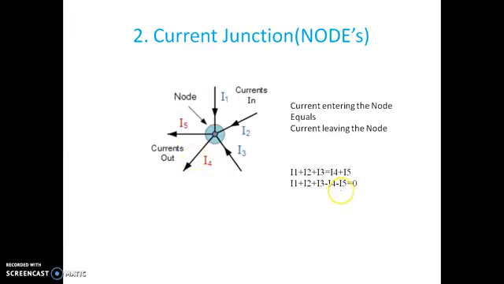We can write this equation as follows: I1 plus I2 plus I3 minus I4 minus I5 equals 0. Suppose n number of branches are connected to this node, with some currents entering and leaving it. Then we can write the equation of the node as the summation of In equals 0.